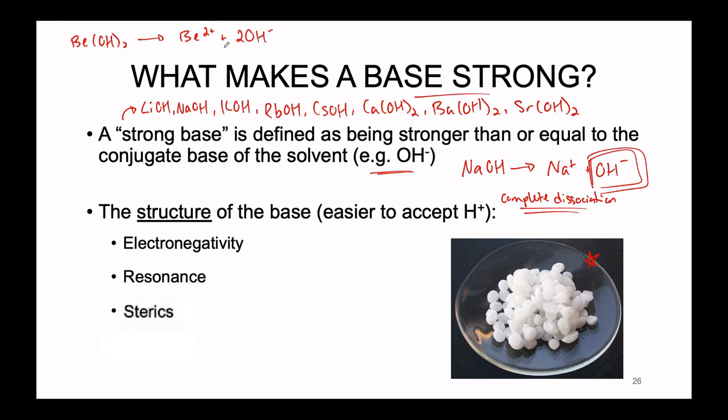It is going to want to recombine with this OH-, giving us a reversible solubility. And as we've already talked about KSP, if your solubility is reversible, that means that you're not going to get complete dissociation of your ions, meaning in this case, we don't get complete dissociation of OH-. That is what makes something like beryllium hydroxide a weak base, whereas all of these other hydroxides count as strong bases.